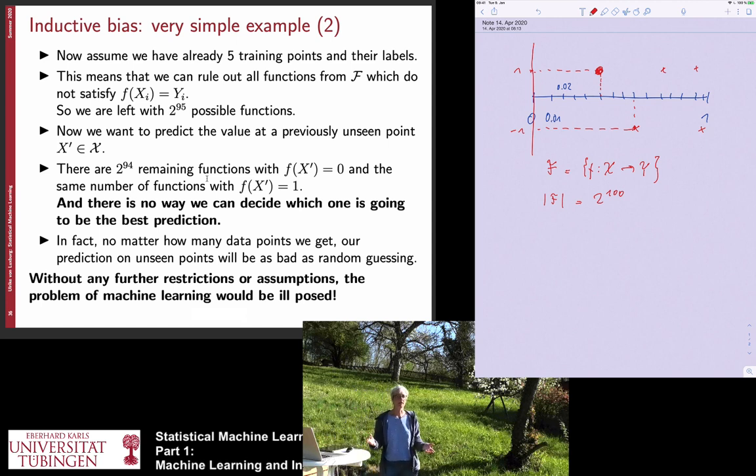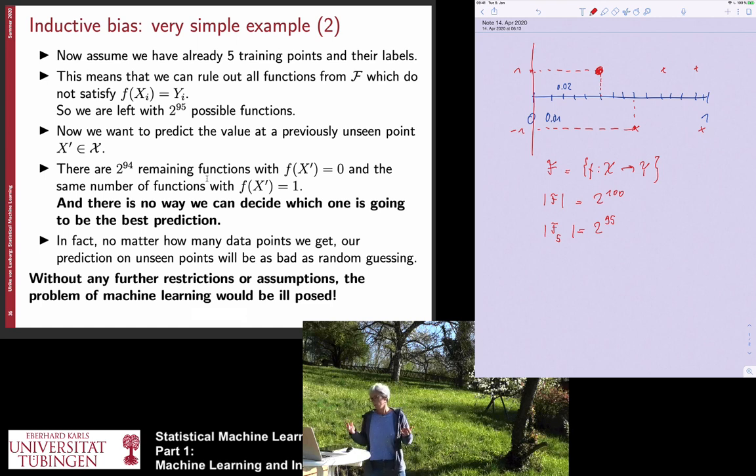For each of the data points that we have, we can rule out all the functions that do not fit this particular data point. So what this now means is that after seeing these 5 data points, our function space that still contains the functions that might be useful is a bit smaller. The function space, maybe I call it F5 after we have seen 5 points, is now smaller. It only contains 2 to the 95 many different functions.